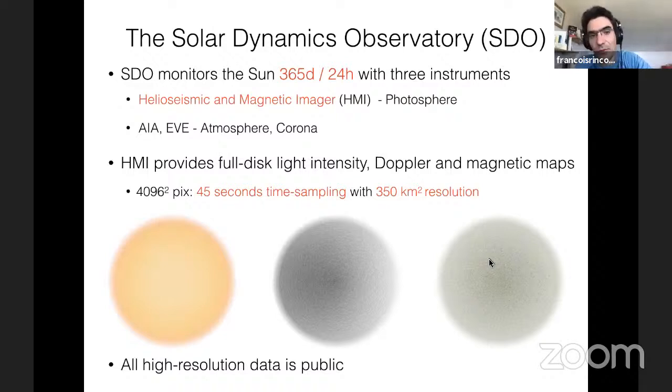The fact that SDO has monitored the sun every day for the last 10 years, and the sun has been pretty quiet in that period, allows us to have an extended period where there's nothing except this statistically homogeneous signal at the surface, which is very good to study these kinds of things.